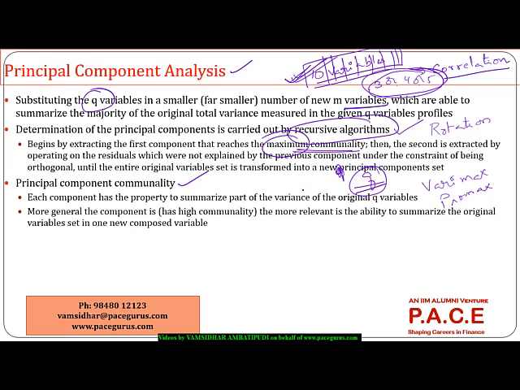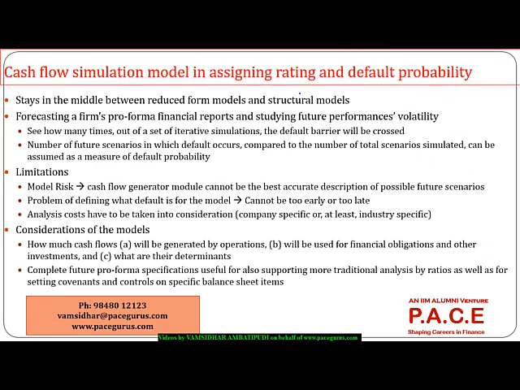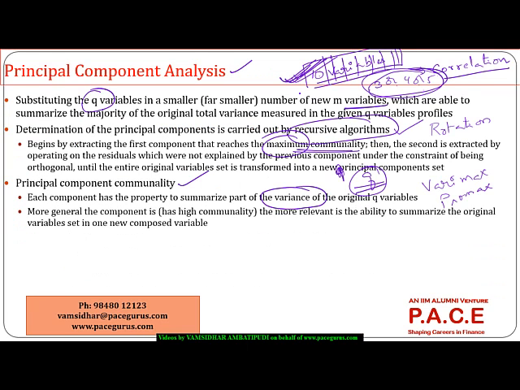So this is basically talking about what proportion of the variance of the original 10 can be taken care of by this one component. That is the measure of communality of that particular component. The one that has the highest communality is able to explain the variation of the original 10 variables quite comfortably, to a large extent.